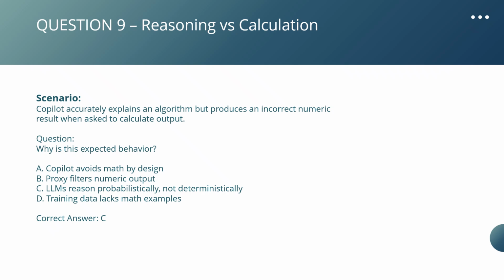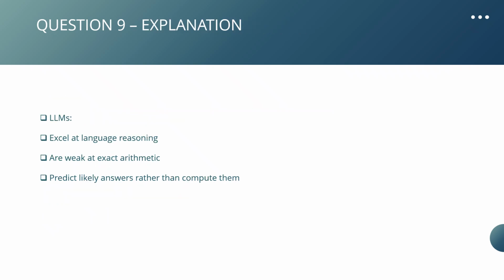C. LLMs reason probabilistically, not deterministically. D. Training data lacks math examples. Correct answer, C. Explanation. LLMs excel at language reasoning, are weak at exact arithmetic, and predict likely answers rather than compute them.